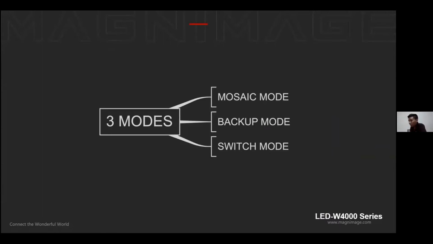About the W4000, we can provide 3 models. The models mean the function. The first one is mosaic. Mosaic means if you have a big LED, you use maybe 3-4 sending boxes, so you can use this function. Another is backup, signal backup.